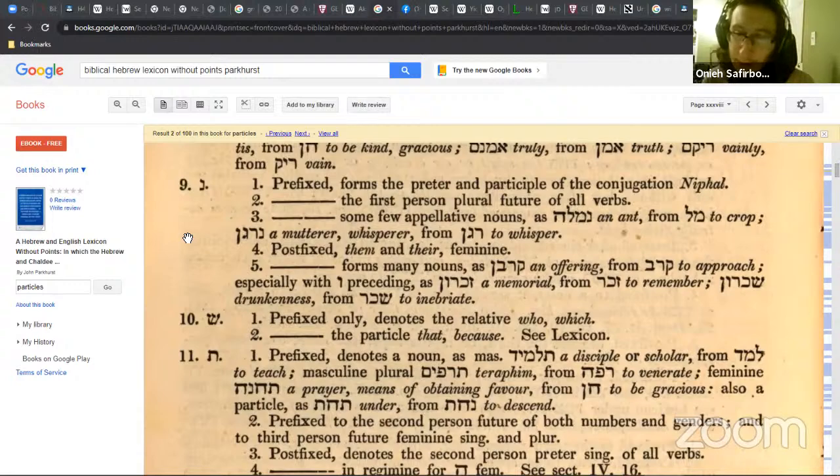For first person plural imperfect for all verbs, it basically means us or we, but for the imperfect. And for some nouns, you add it, and it basically means like a spreader or propagator. So the word is crop, cut, and spreading of crop would be an ant.